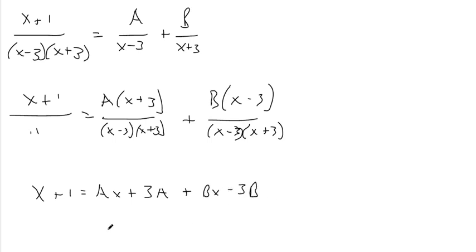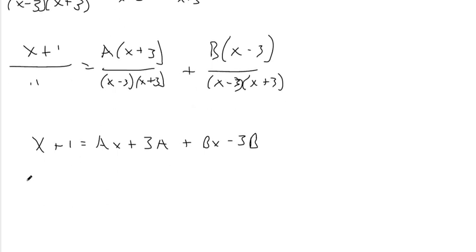And if we collect all the a terms, wait, let me think, I think we're supposed to collect all the x terms. I think that's the best way. So if you factor out an x, you're going to be left with a plus b. So focusing on just these terms, if you pretend they're next to each other, you can factor an x out of them. You've got a plus b left over.